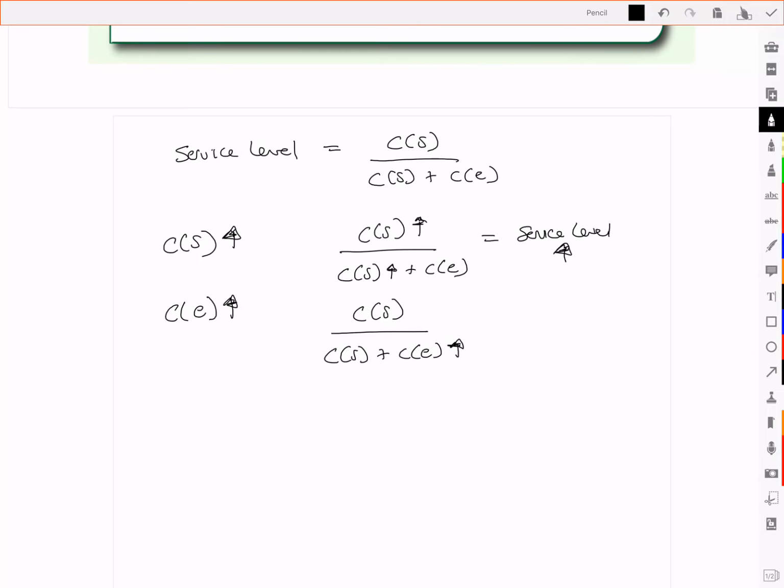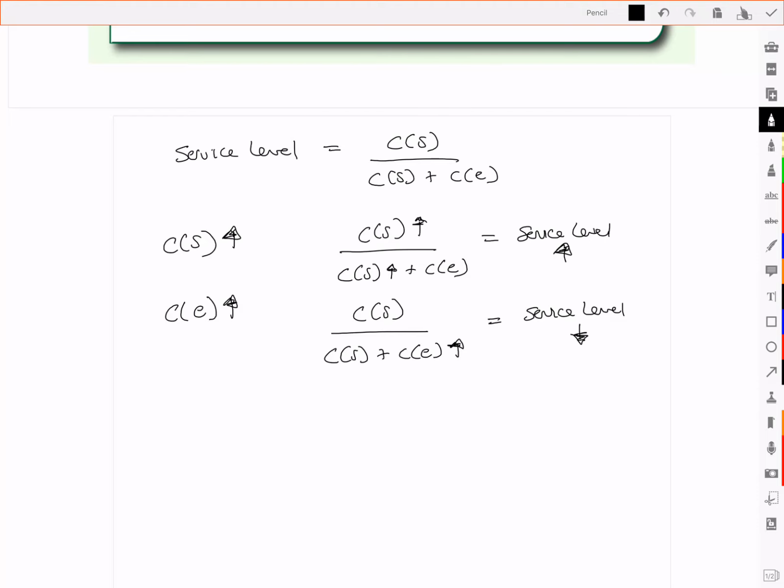When you increase the amount you divide by, so you're now dividing by a bigger number, then that's going to make your calculation go down. So if it's costing us a lot to have leftovers, then we're going to order less inventory. Okay, so our service level is going to be lower. Maybe instead of having enough 75% of the time, we're going to have enough 70% of the time.